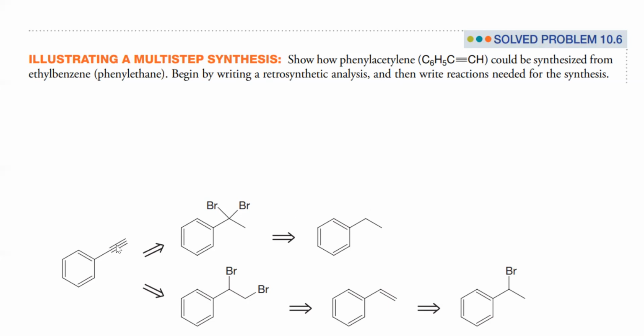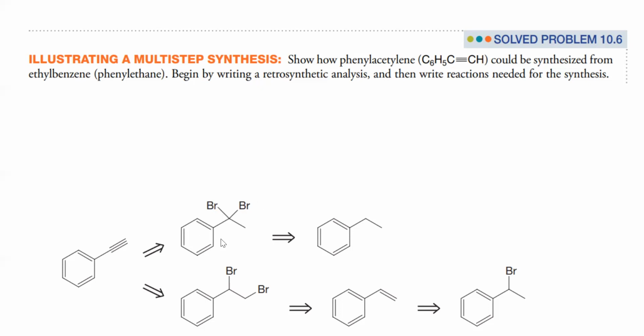This can be prepared from this reagent. Remember the hydrohalogenation reaction? You can have the alkyl halide eliminated through 1,2 elimination reactions. You can eliminate this to produce this one: first you have your alkene, and then with a second elimination you have your alkyne.